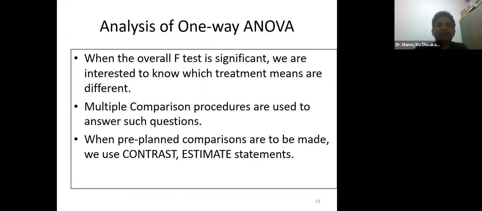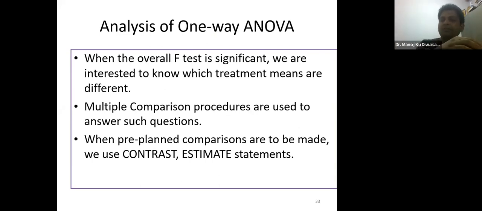Now, when the overall F test is significant, we are interested in knowing which treatment means are different. Significant means the p-value is less than 0.05, so the F test is significant. Then you want to know which group differs from the others.